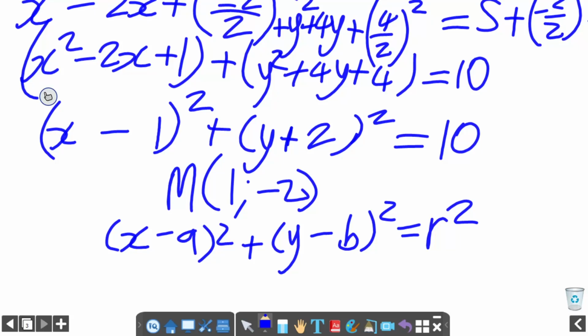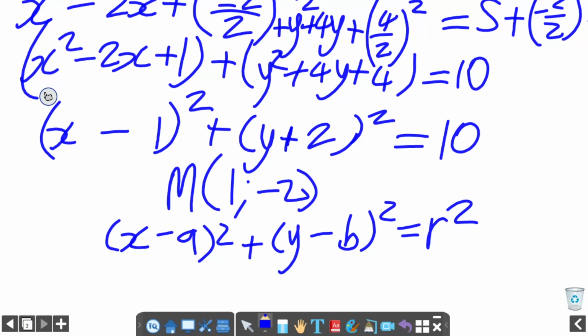Now look at the equation of a circle. It has x minus a. So if you've got x minus 1, what is a? 1. If you have x plus 1, what was a? Your equation is in the form of x minus a. So just remember, whatever the sign is here, this is not the sign of a.